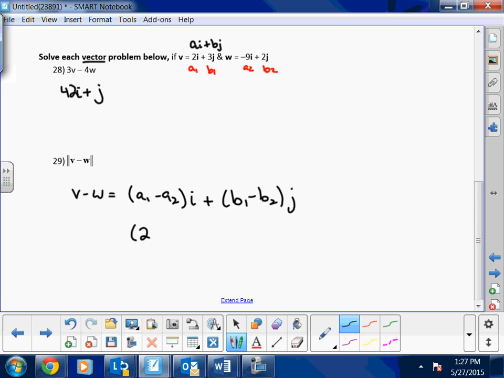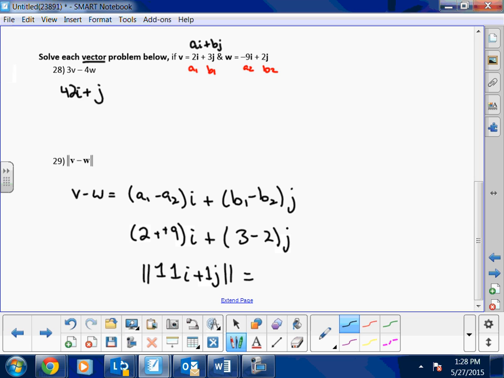So we'll have 2 minus negative 9 i plus b1, which is 3 minus 2 j. In this case, these become positive. This becomes 11i plus 1j. Now what we're going to do is find the magnitude of this vector.